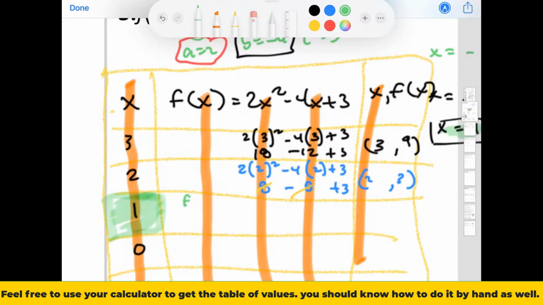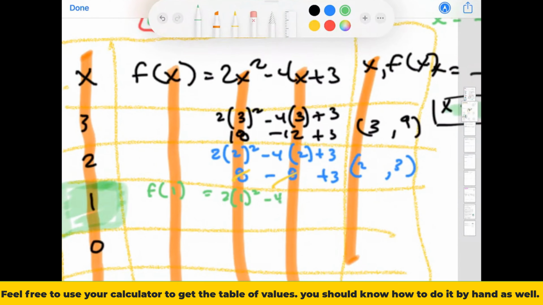Remember, that's essentially just f of 1, but you don't have to write it every time. 2 times 1 squared minus 4 times 1, because we're replacing x with 1. 1 squared is 1. 1 times 2 is 2 minus 4 plus 3. So negative 2 plus 3 gives me positive 1. So my ordered pair is going to be 1, comma 1.